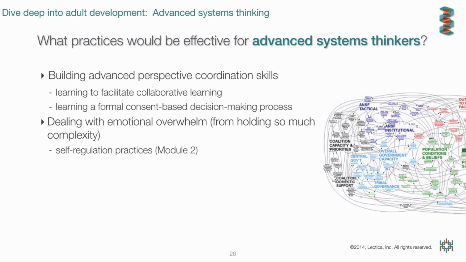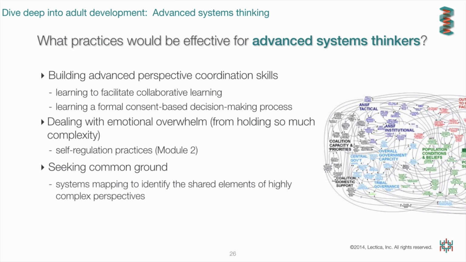This might include some of the self-regulation practices we explored in Module 2, such as coherence practices or mindfulness. Third, seeking the common ground between different ideas or different perspectives, such as through systems mapping to identify shared elements of highly complex perspectives.